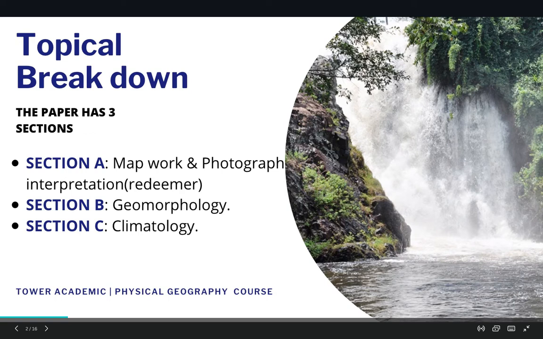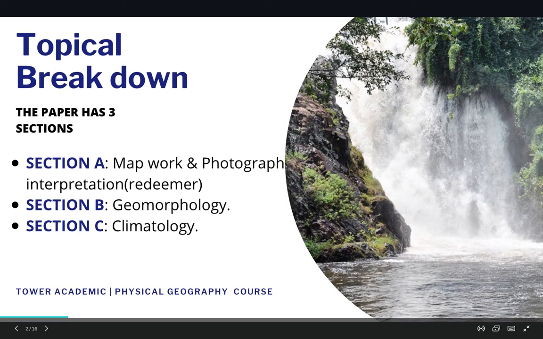Now, why do we say that section A is the redeemer? When you look at section B and section C, this is a part which requires you to be very critical, and very systematic and organized. So they want you to bring out the real aspects. But section A, map work, is basically practical work.